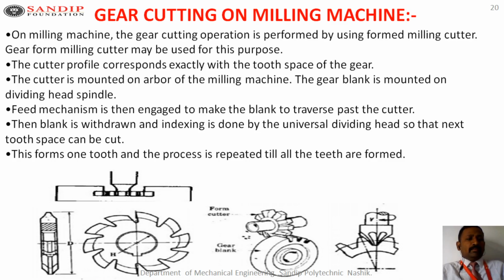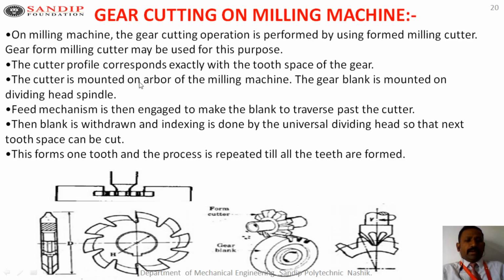That is the form cutter. A gear form milling cutter may be used for this purpose. The cutter profile corresponds exactly with the tooth space of the gears, and whatever cavity is produced is always enlarged on that tooth space.